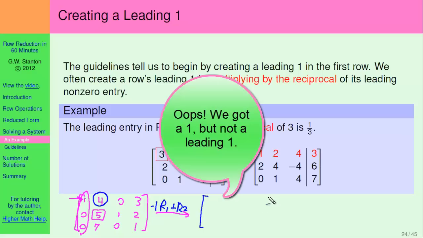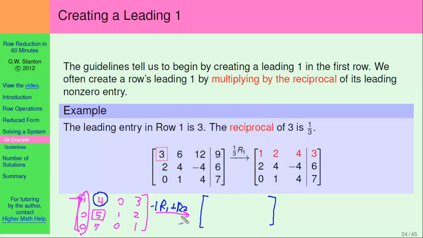And that will give us a 1, a leading 1 in the second row. Let's see how that works. Remember that when we use this operation, we just change the row to which we add, because we're just trying to get a 1 here. So we'll go ahead and copy down the rows that don't change first.